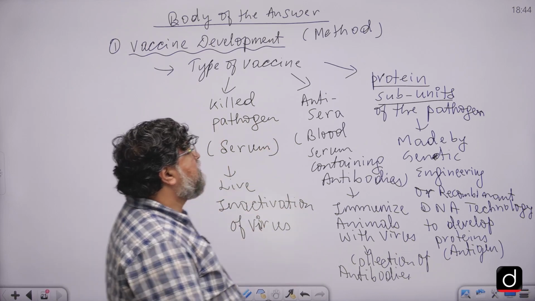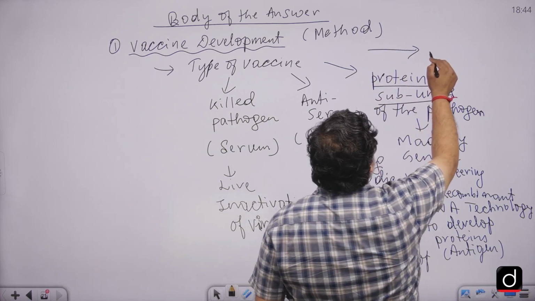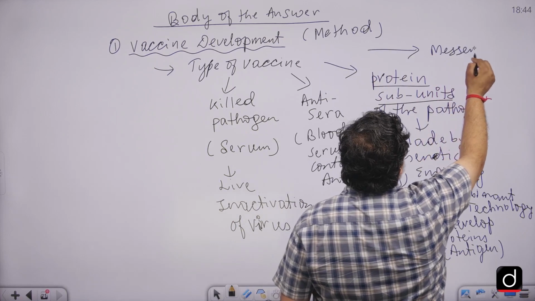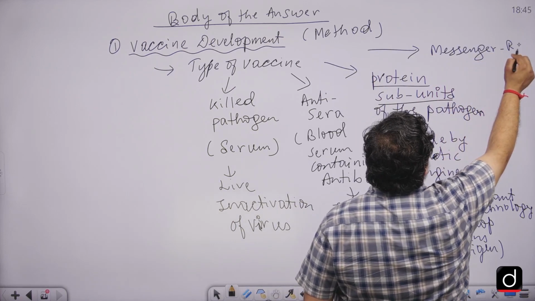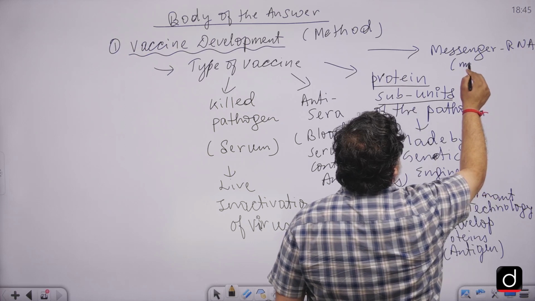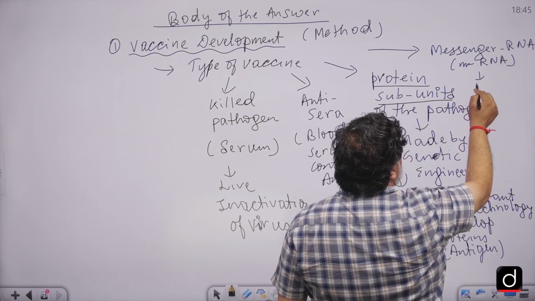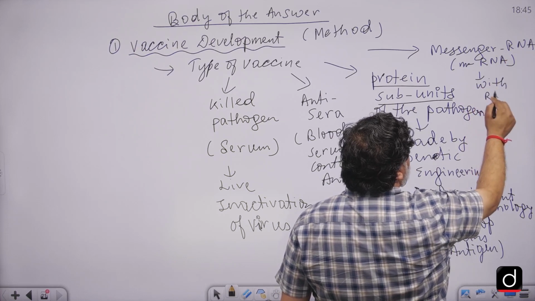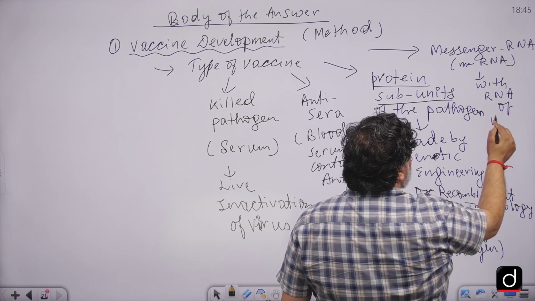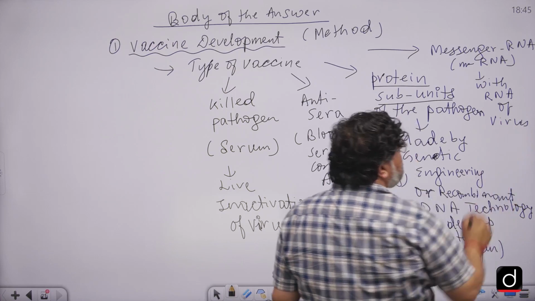So again, that is one method, or the method could be messenger RNA, mRNA, which contains the RNA of the virus. Let's say the RNA of the COVID-19 virus.